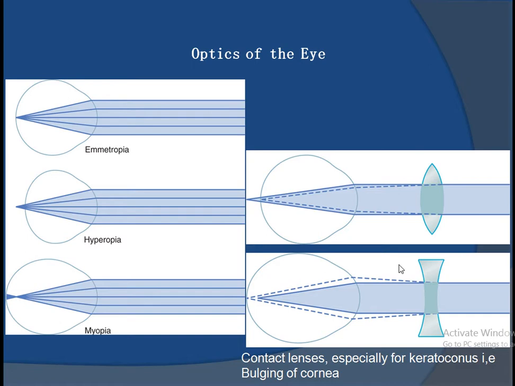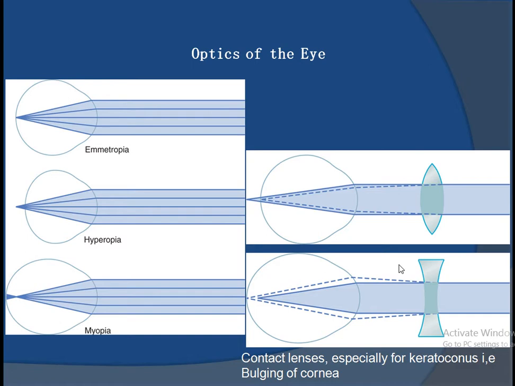This is the disadvantage, while the advantage is that you have a greater visual field. Visual field is the area in which you can visualize things at a time. By placing glasses in front of the eye, your visual field is limited, because outside the glass you cannot visualize objects clearly.